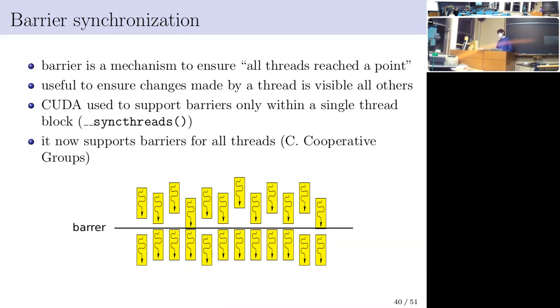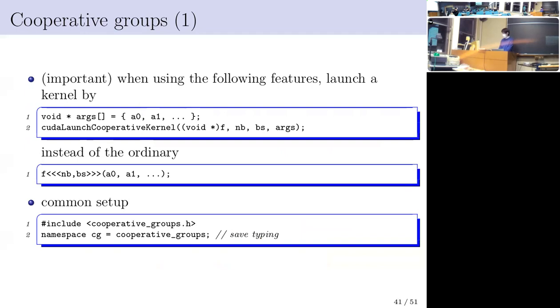The situation is now somewhat better when they introduce something called cooperative groups. So I'm talking about this cooperative groups because, in terms of the functions it provides, it is simply superior to what syncthreads provides.